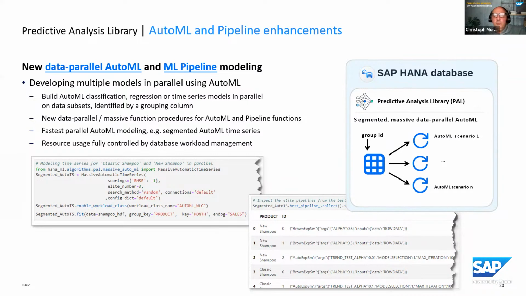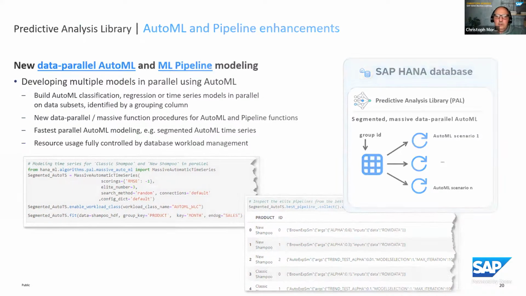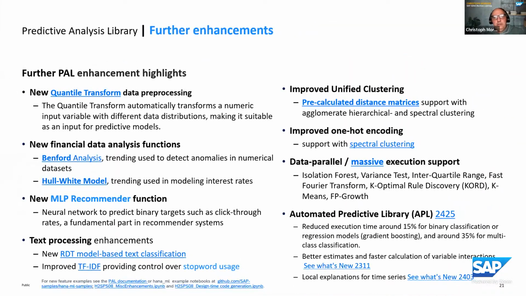So very powerful scenario in general with HANA, that as our data is kind of stored and managed within our HANA database. And specifically, if we now want to run multiple of these scenarios, we can just identify them by the grouping ID and invoke the function directly in the database without the data required to leave the system.